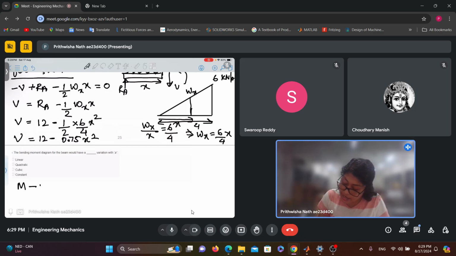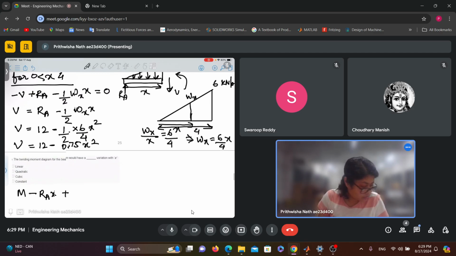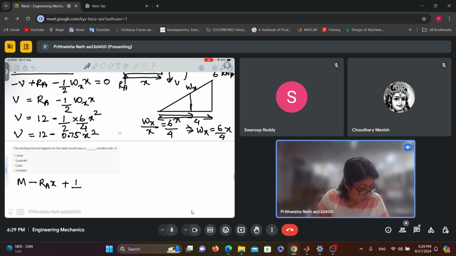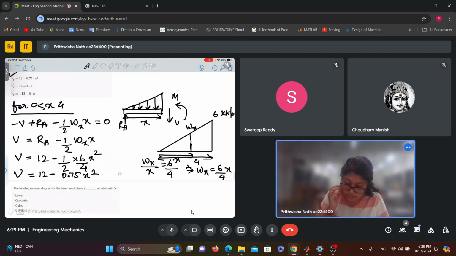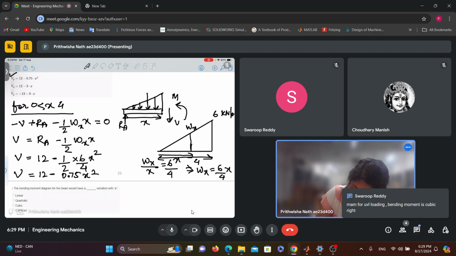So RA into X plus half into X into WX into X by 3. So if I consider for this portion, this total force would be acting at a distance of X by 3, right?